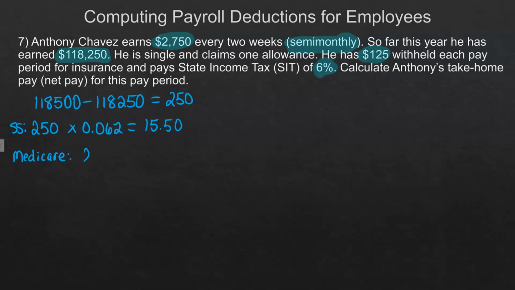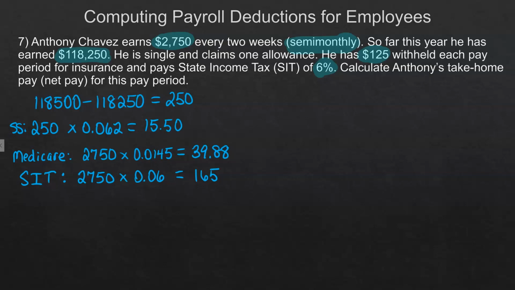So we're going to take the $2,700 times 0.0145. And that will be $39.88. So SIT, right, state income tax, is at 6%, which is 6% of gross pay. And we get $165 for that.